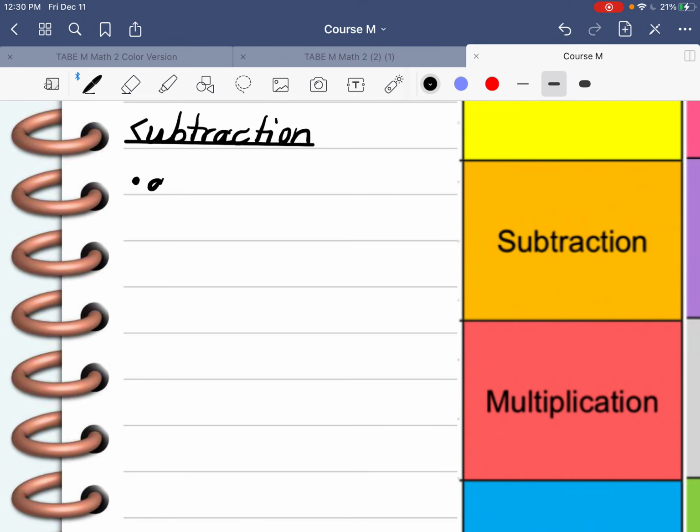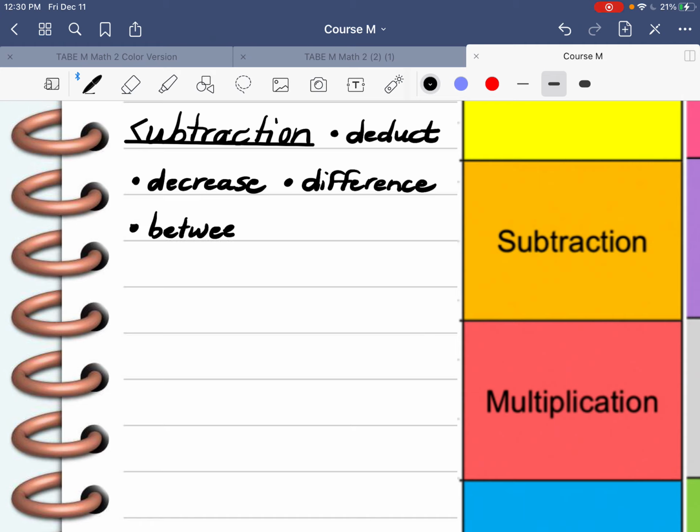Decrease, deduct, difference, between, dropped, or fell.